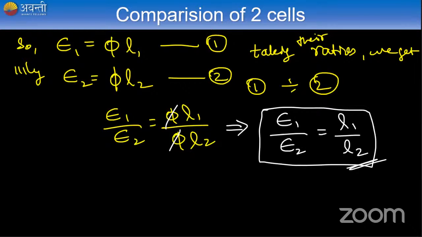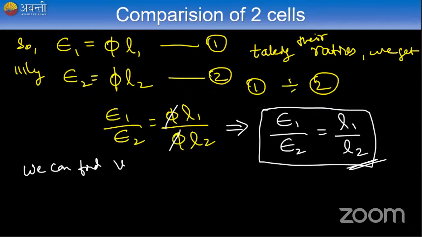Now, taking the ratio, equation 1 divided by equation 2, epsilon 1 by epsilon 2 equals 5L1 by 5L2. From here, the potential gradient values cancel. So the ratio of EMFs is equal to the ratio of the lengths of the respective null points.